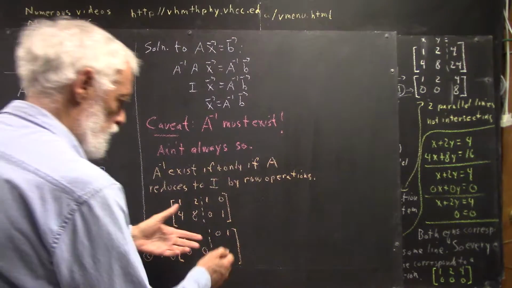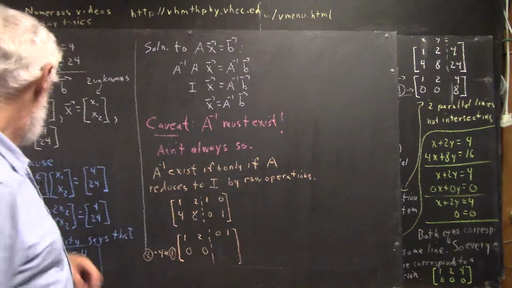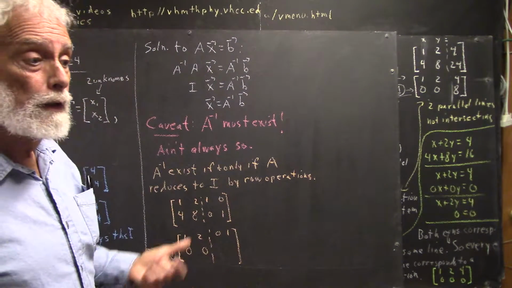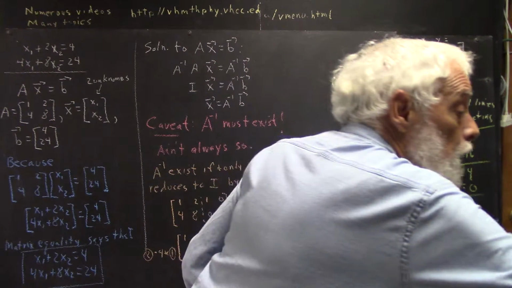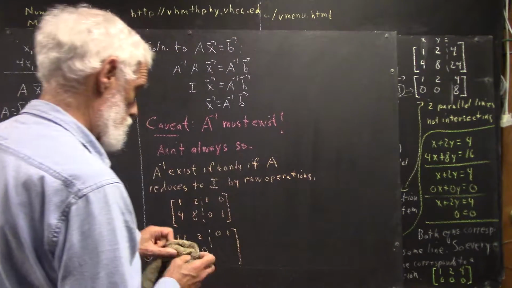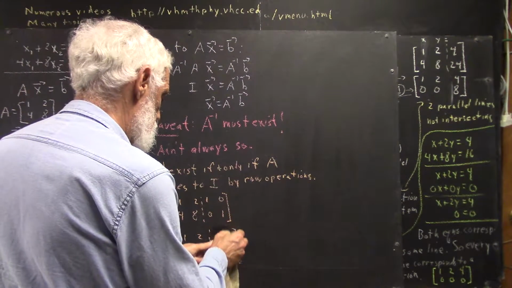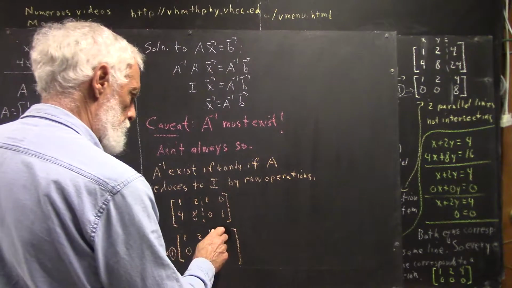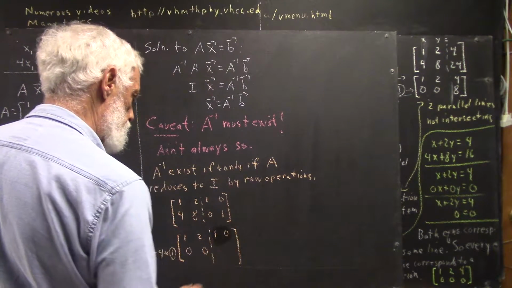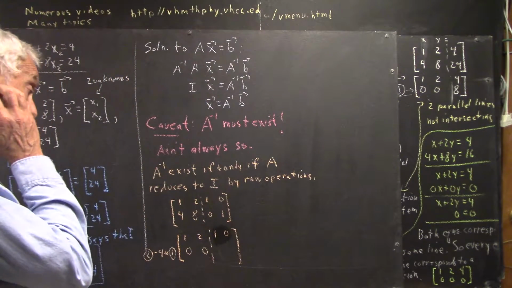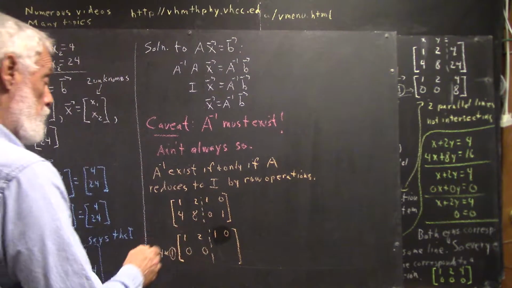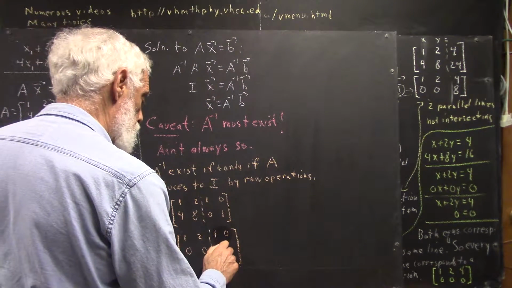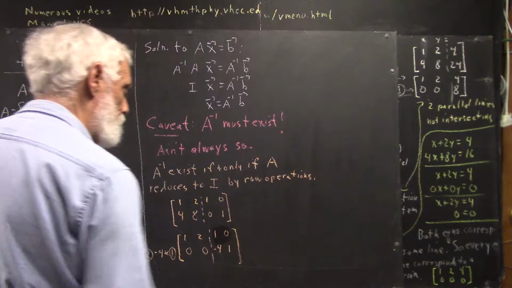I don't know why I wrote 0, 1 here, because I haven't got enough sleep. I think I wrote it down because that's what I saw here. Anyhow, we can do the second row minus 4 times the first, and that's going to give us negative 4, 1.